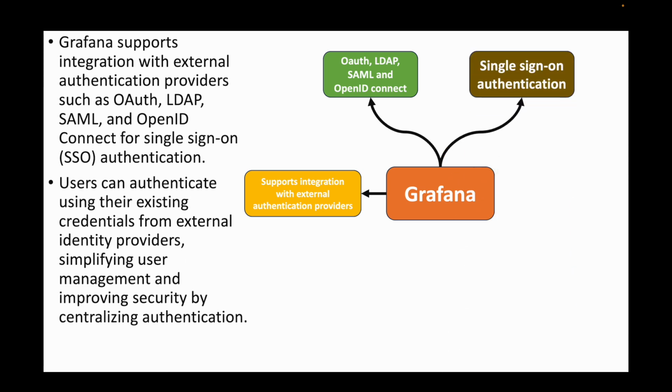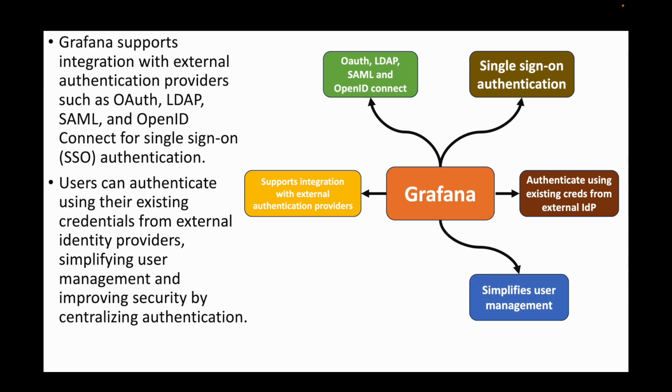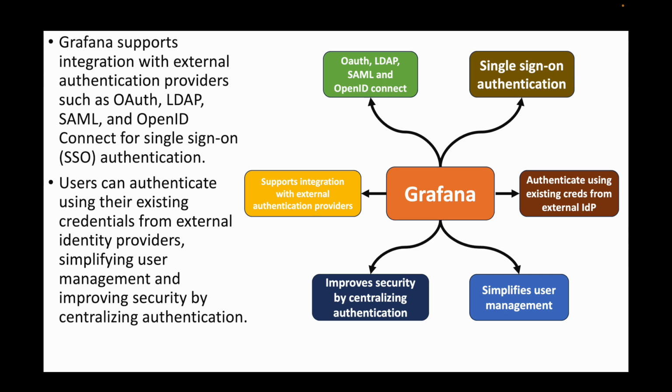So as a user, we can authenticate using our existing credentials from these external identity providers. And this will help us to simplify user management and also improve security by centralizing the authentication. So if you're already using an authentication mechanism, we can simply integrate that with Grafana and start using the existing credentials to log into the application.